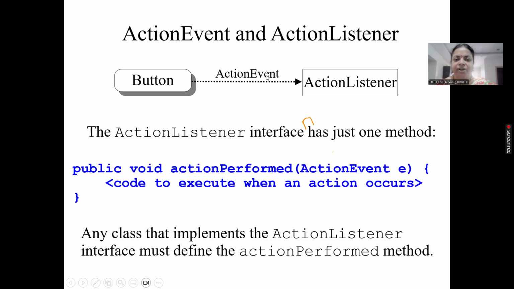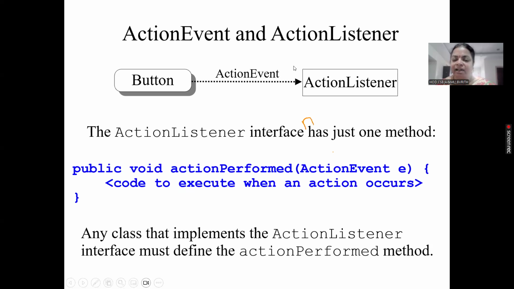This is an example of one of the events, how the event will be raised. This is a button. Whenever you click on the button, an event object is created, which is called an action event. And this action event will be sent to the related class, which will handle the action event.